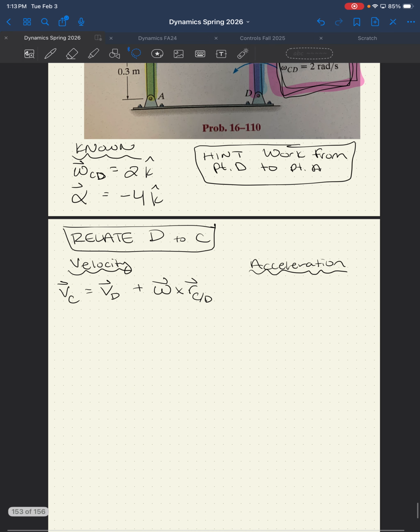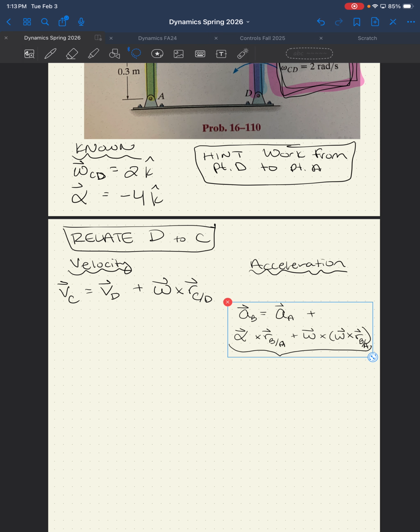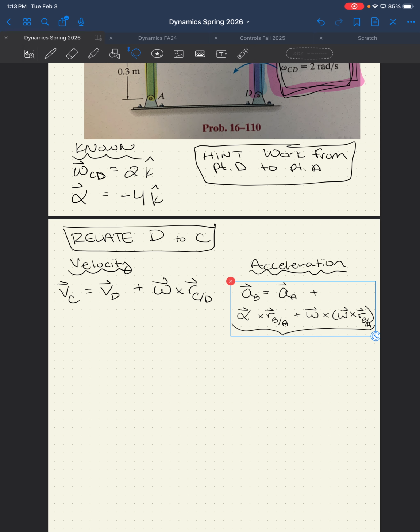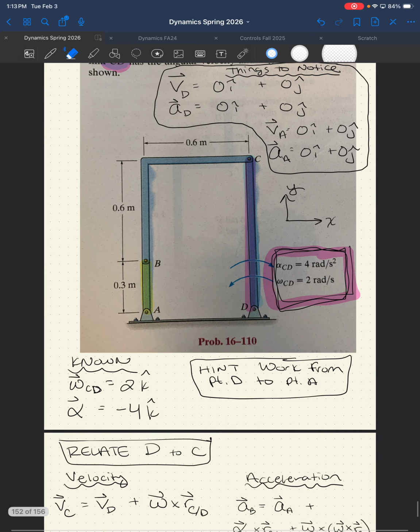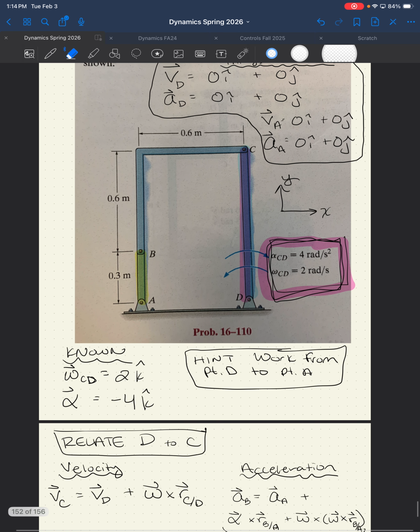Okay? Omega was 2k hat cross 0.9 j hat. Okay, just do a simple cross product. 0, 0, 2, 0.9, 0. I should have some amount i minus some amount j plus some amount k. 0 minus 0.9 times 2. J hat, I'll have a 0 minus a 0.